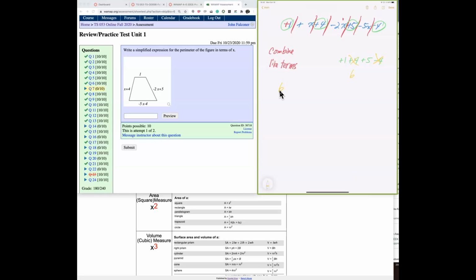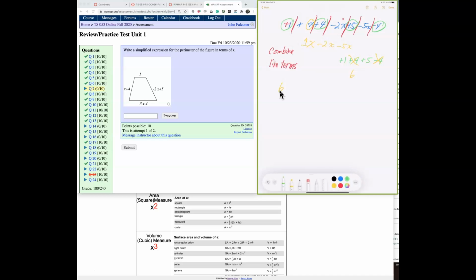And then we're going to combine the x terms. We've got an x, and we never write it 1x, and we never say it 1x, but you can imagine there's a 1 there. And that's actually harder than it sounds. But if you can tell yourself when you see an x that that's really a 1x if you need it to be, it'll help you later. So we've got 1x minus 2x minus 5x. And that's quite a bit of negativity.